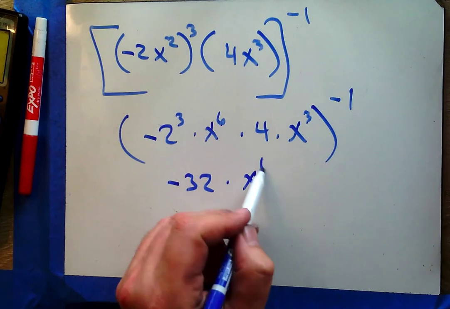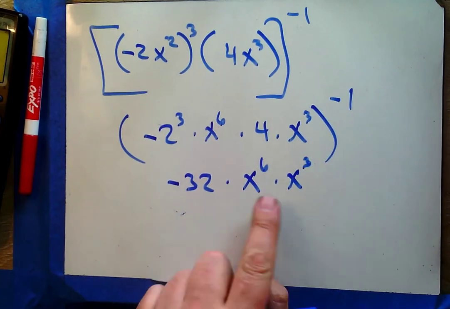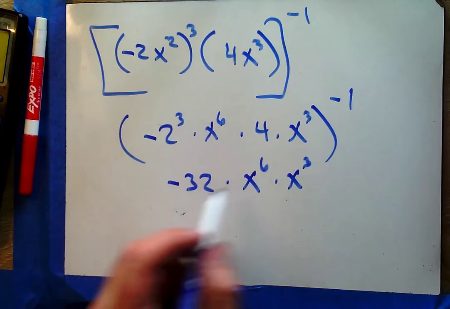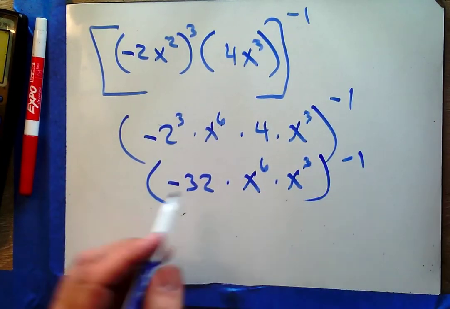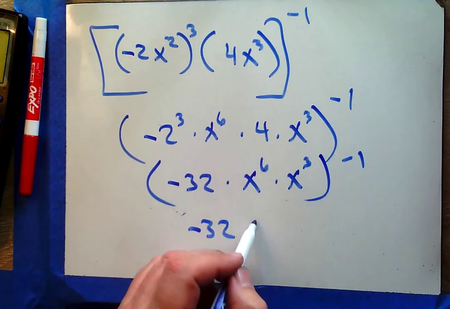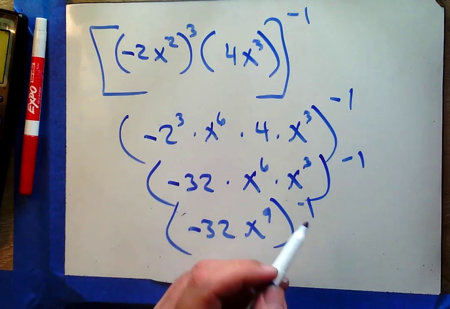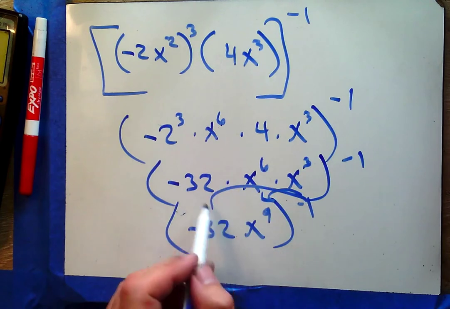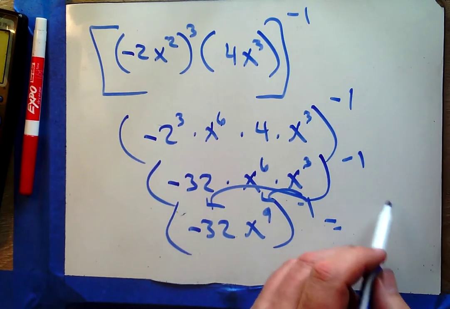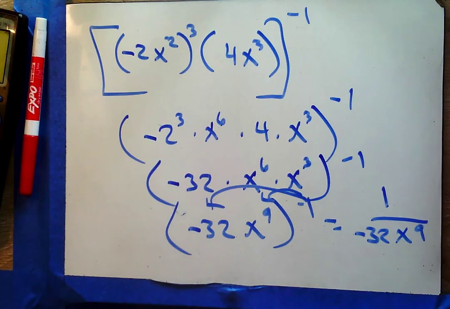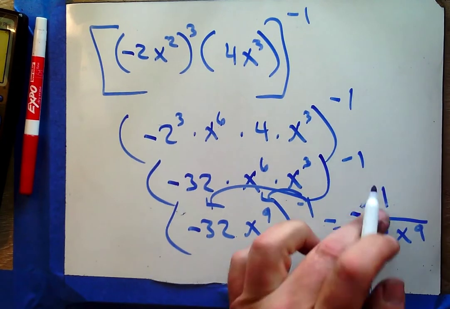And then I have x to the 6th times x to the third. When the bases are the same and I'm multiplying, I can add those exponents. So when I add those exponents, I have negative 32 x to the 9th raised to the negative 1 power. And when I apply that negative 1 to each of these, I'm going to end up with 1 over negative 32 and x to the 9th all on the bottom. Of course, if you want, you can put that negative up here, or you can leave it out in front.